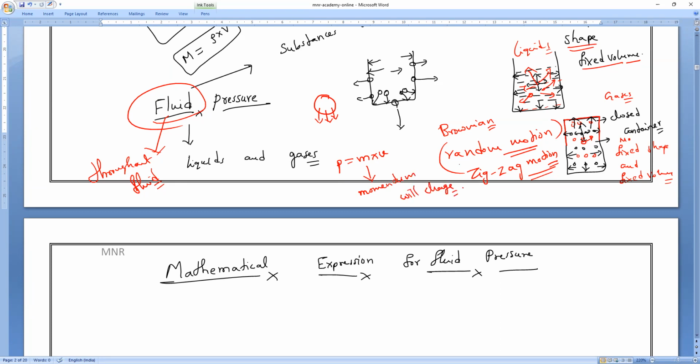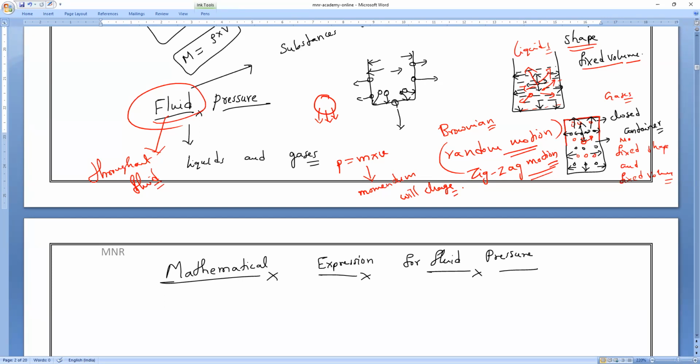Note this point also: in the process of particles hitting each other, the velocity changes, so the momentum also changes. Clear, everybody?